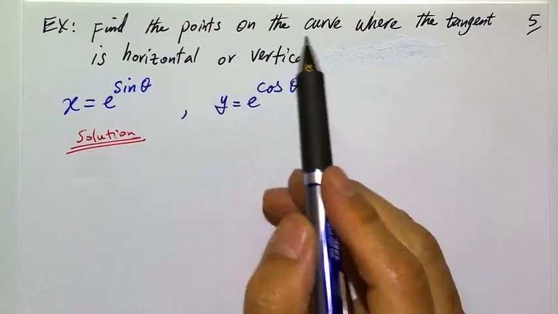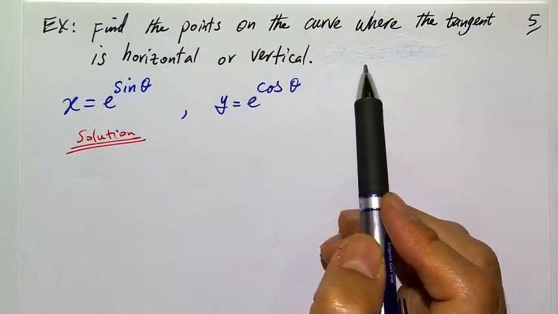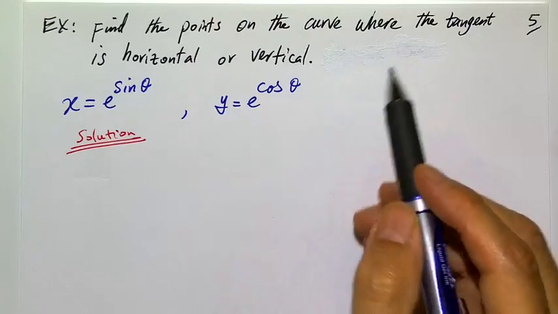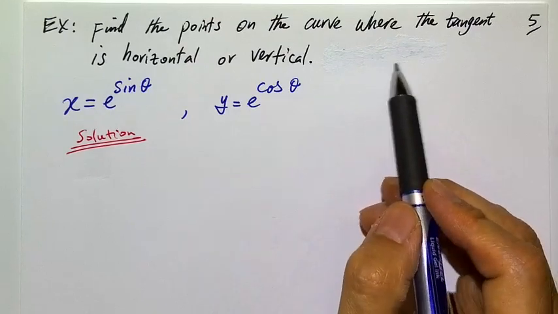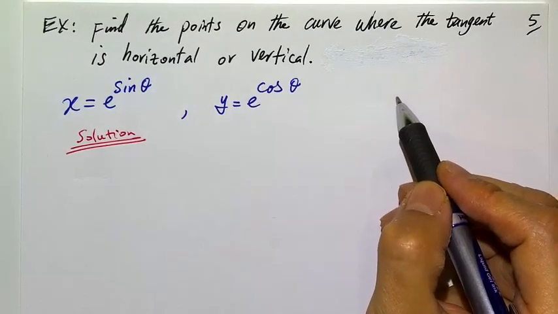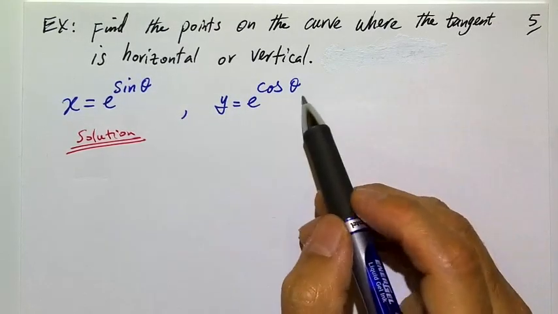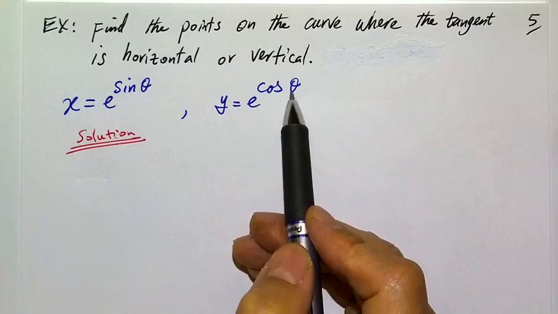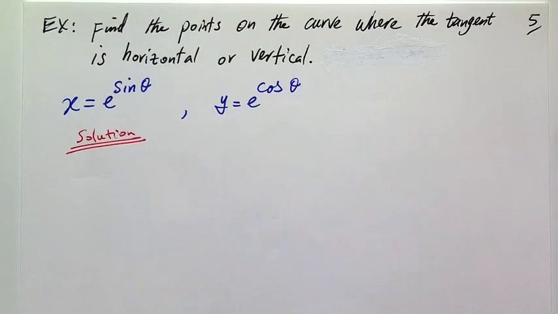First of all, notice that here our parameter is theta, but there is no limit given to us. We're not told between which limits theta is going to vary. So we're going to assume that it's going to vary over the whole range from 0 to 2 pi, the entire curve.